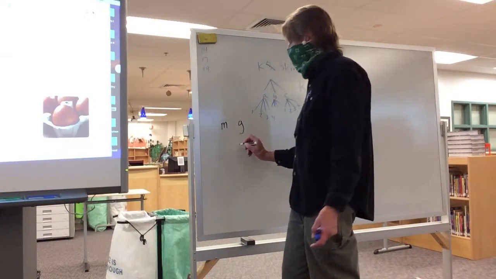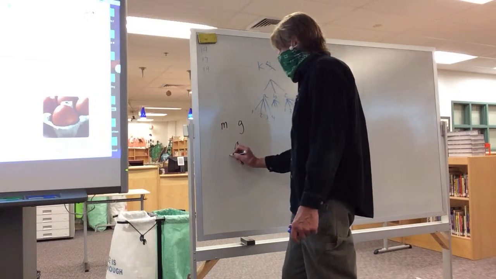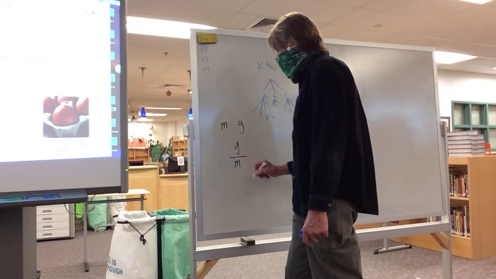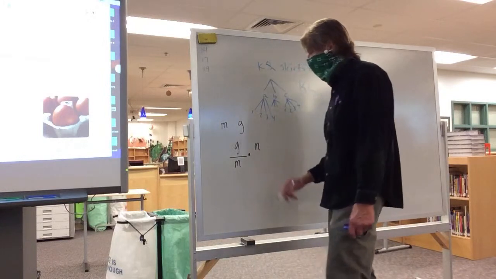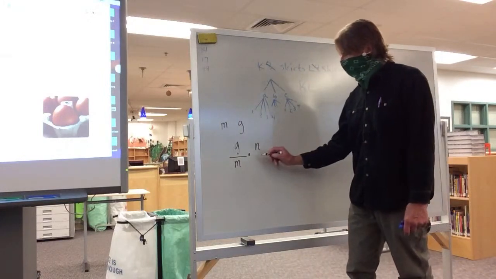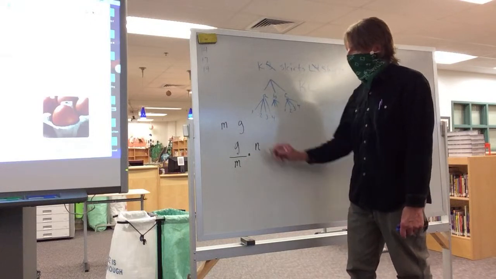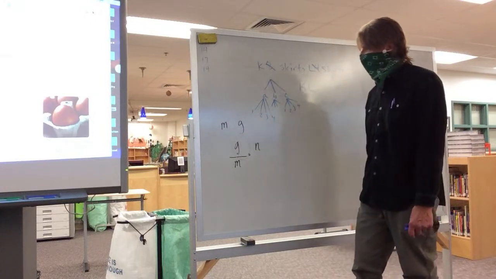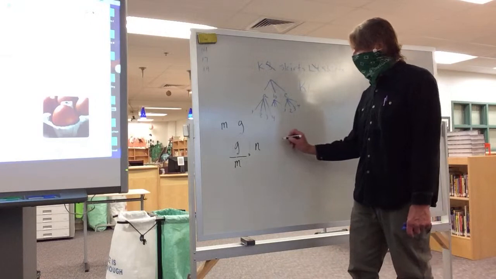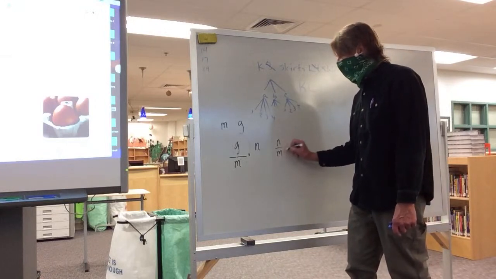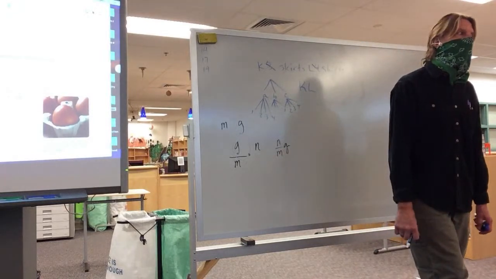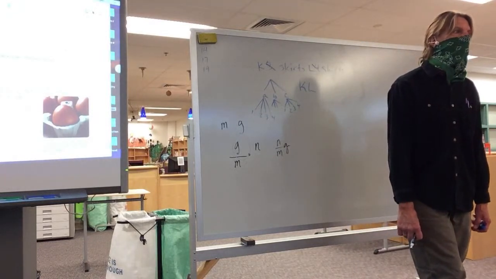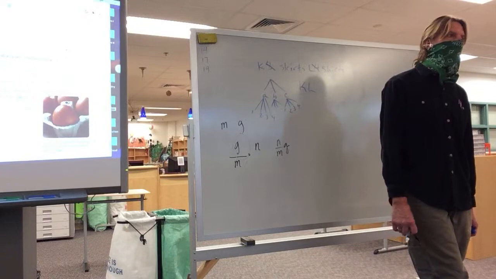So the rate is going to be G eggs per M people. And if you multiplied that by N people, then the number of people would cancel and you'd be left with the eggs, which would be N over M times G eggs. I missed that one. Does that make sense?